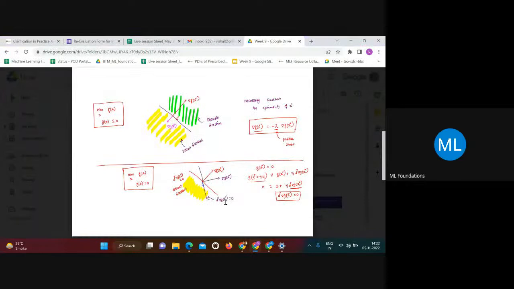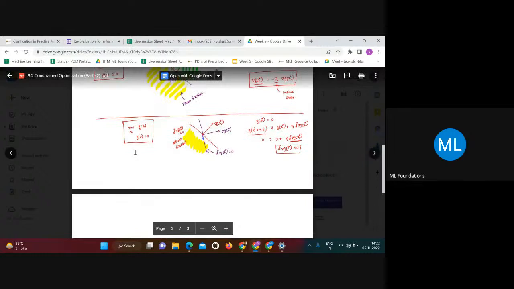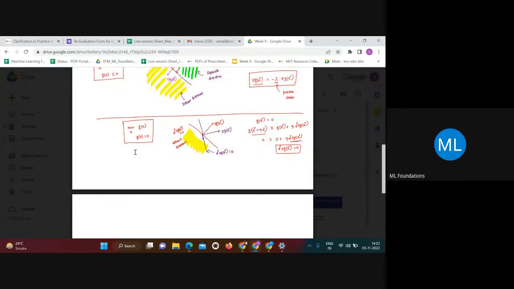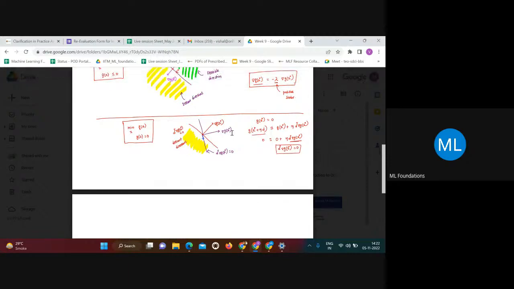Okay. So this was our third condition. Now we'll talk about the conditions where the constraint will hold the equality. Whenever the constraint holds the equality, we can talk about two conditions, where we have del f(x star) and del g(x star), both parallel and both anti-parallel.